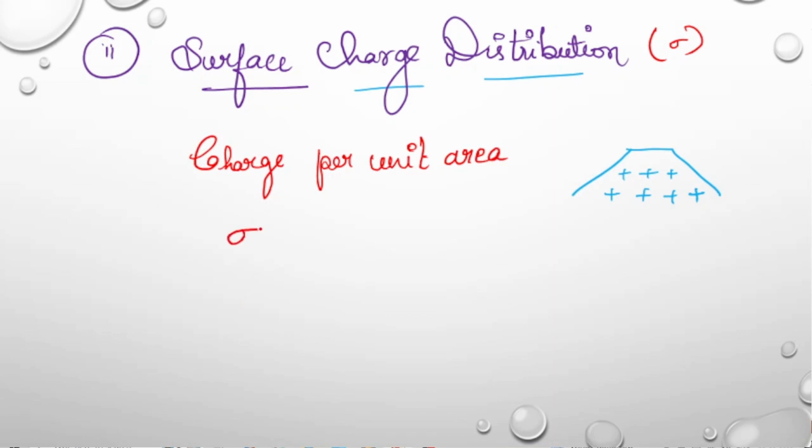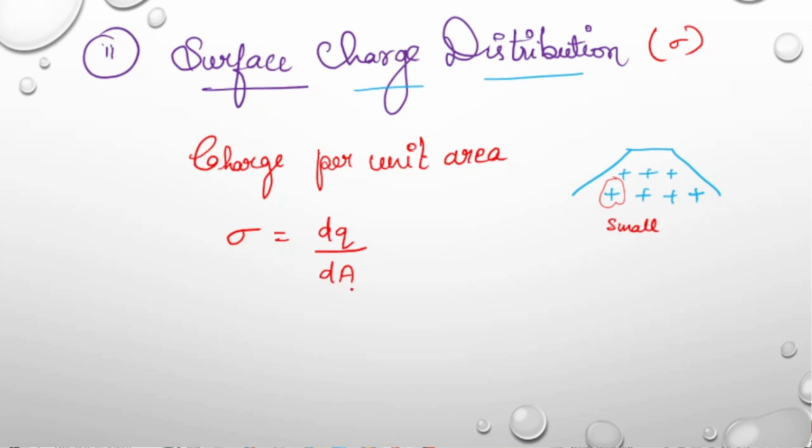That means sigma will be equal to, see, I'm going to take a small area. Charge per unit area means dq by dA. Imagine I'm just considering this particular small area. So sigma is equal to dq by dA.